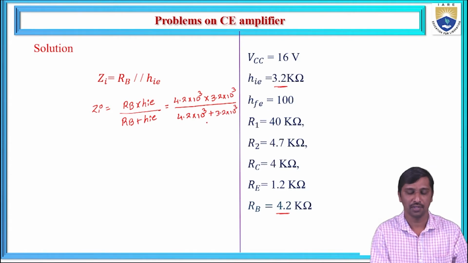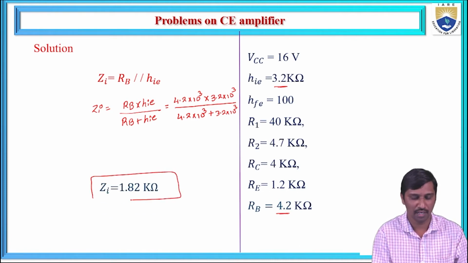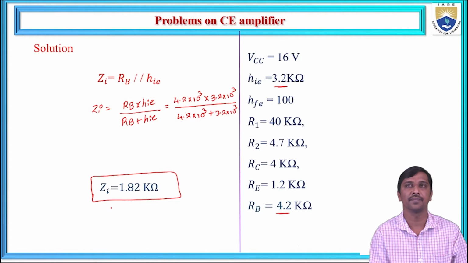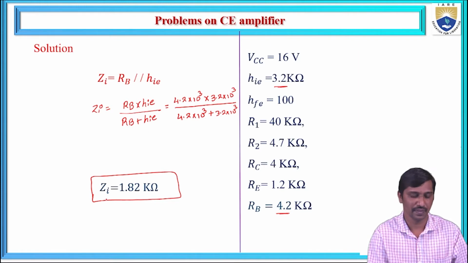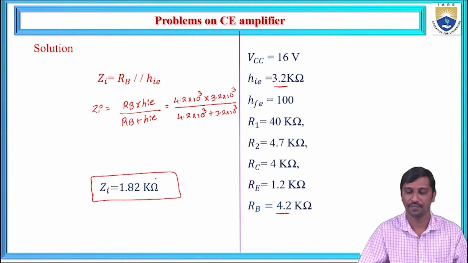To solve this ratio, Zi gives 1.82 kilo ohms. If you solve this parallel combination of base resistance and internal H parameter input impedance, the total input impedance Zi is 1.82 kilo ohms.